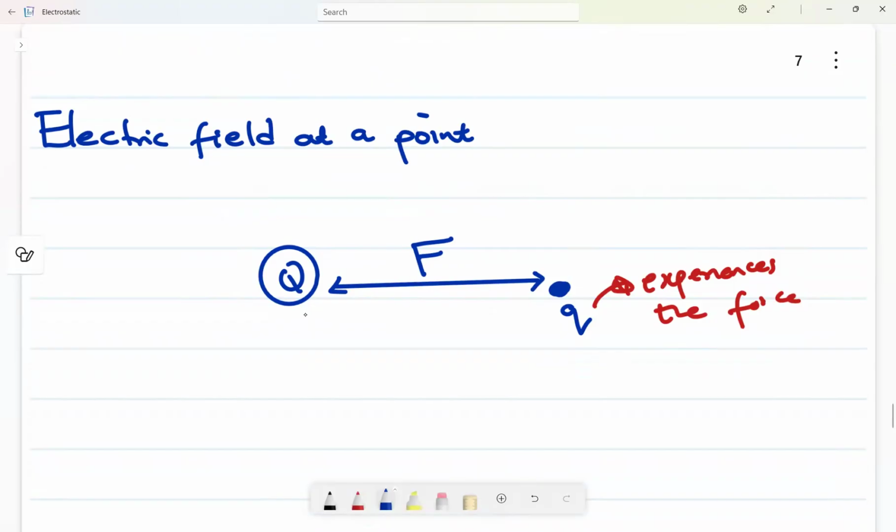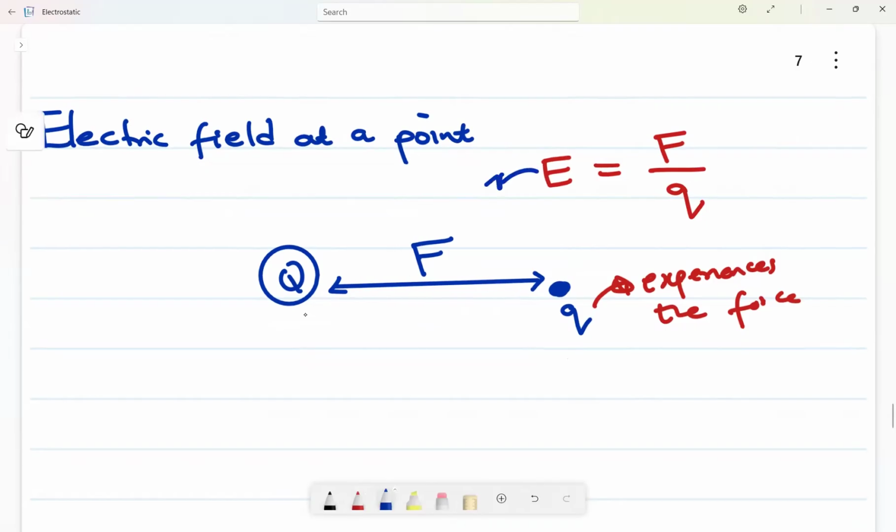Remember, an electric field is the electrostatic force experienced per unit positive charge. So this will be the electric field experienced by q due to that big Q. We really use this formula, but you need to know it.